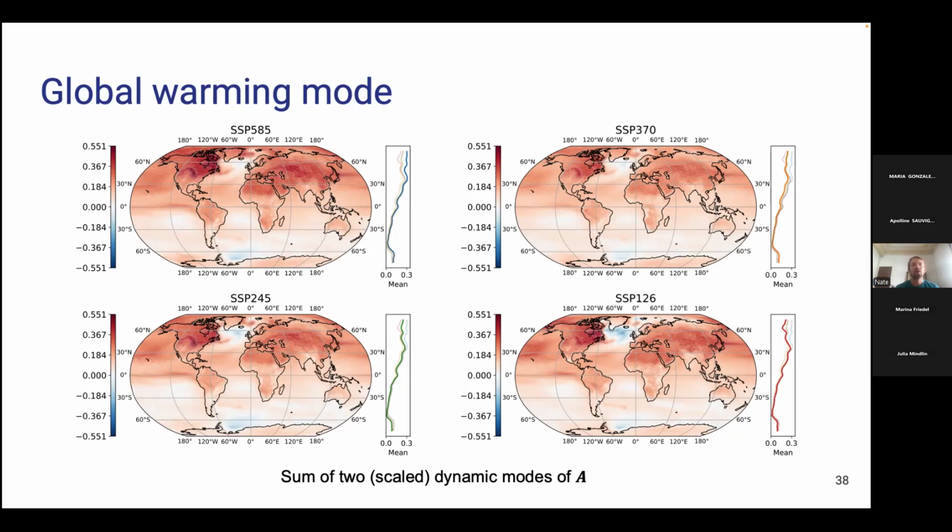We have 2 sort of dynamic modes of A, one which is more of a warming mode and one which is more of a cooling mode. And when you add them, you kind of see more consistent patterns across the climate scenario. So we chose to add them together. Each of these plots is a spatial pattern, which is the sum of the 2 scaled modes.